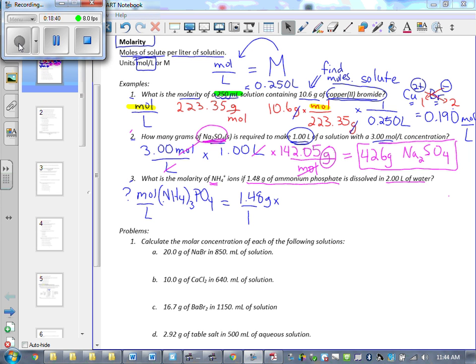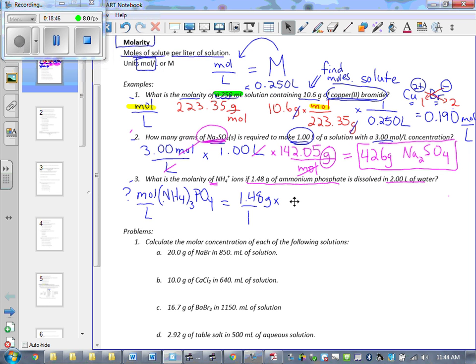Okay, after waiting for several hours, Sarah finally got her molar mass, which was, Sarah? 149.12. 149.12 grams per mole. And I'm going to write what kind of moles these are. These are NH4. We got 3 of those. And 1 phosphate.